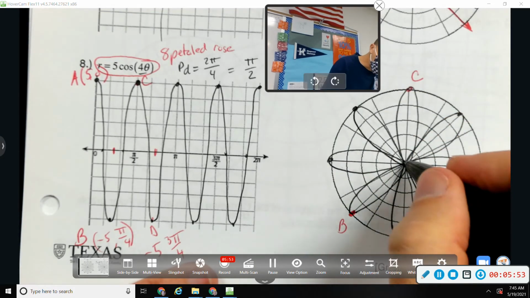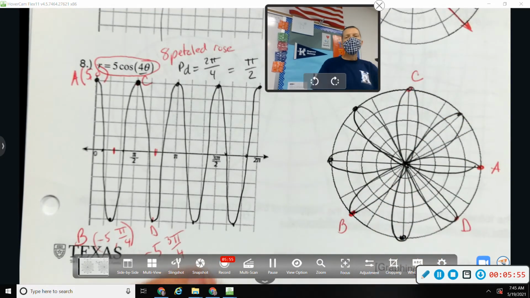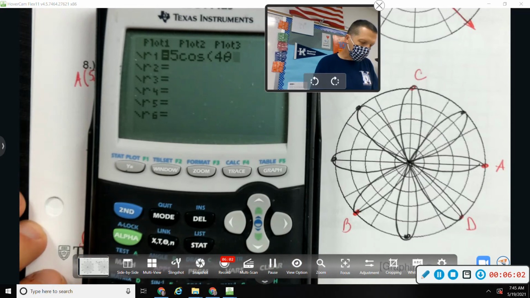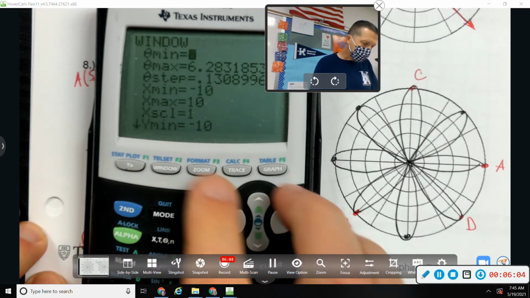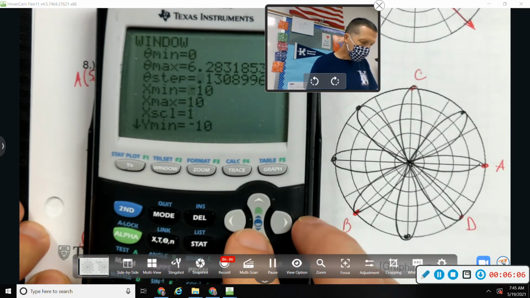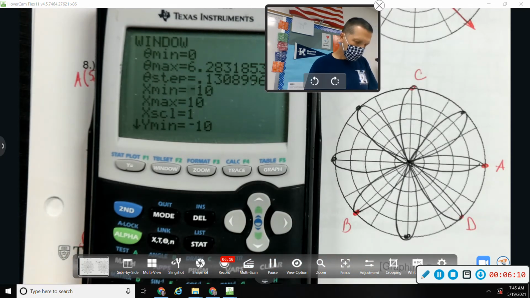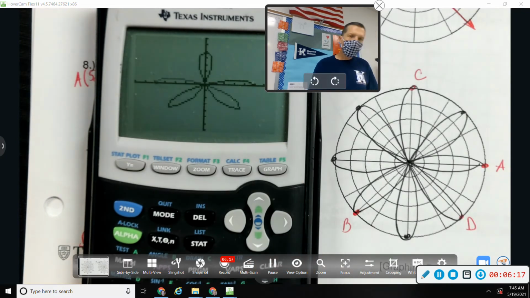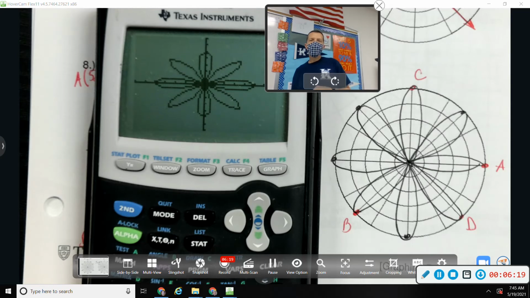I think I drew them in order. Like I said, if you really wanted to, you could watch the calculator draw it. Well, that did it quick.